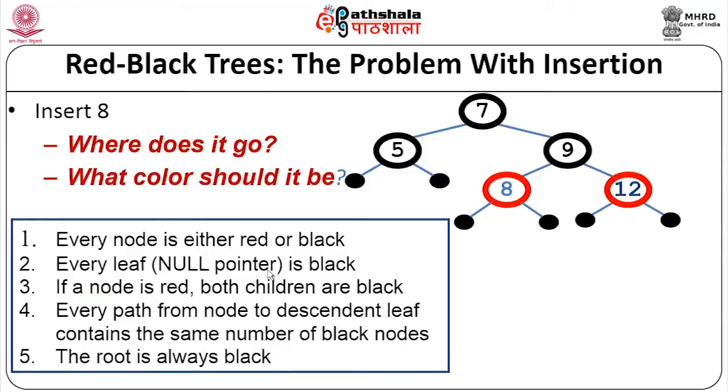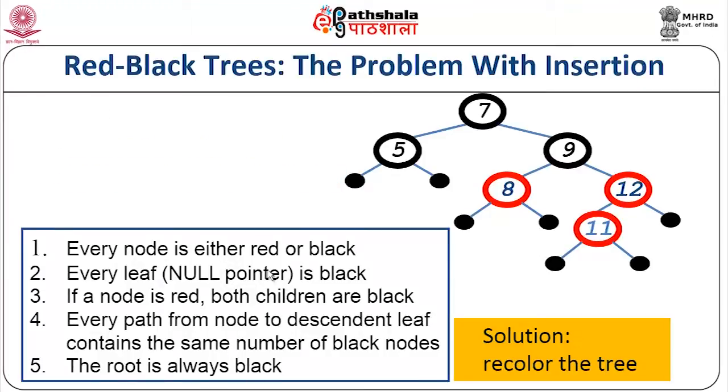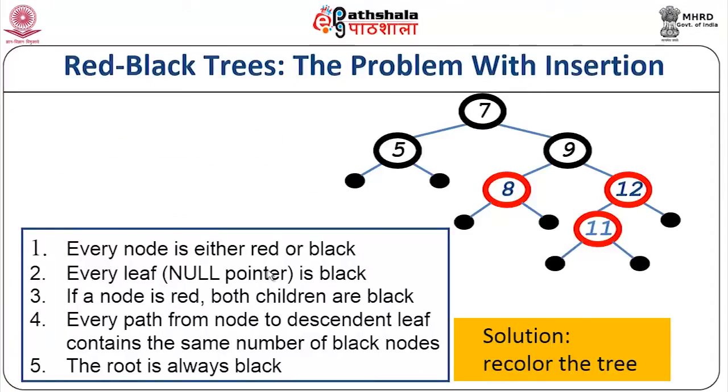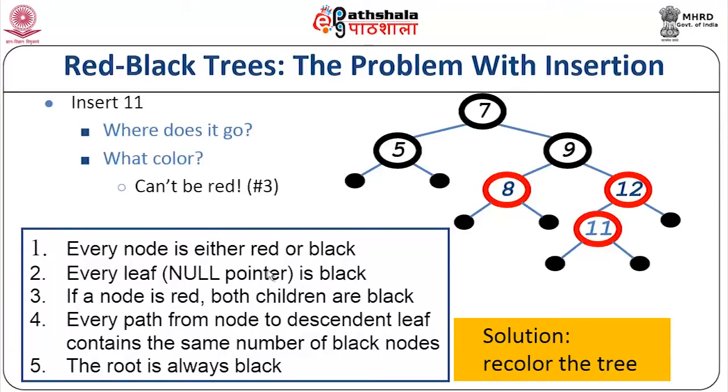Remember, this does not violate the property because its children are black, its parent is also black. So you have to recolor it and put some value. Let us see what to do. Can it be red? Cannot be red as per property 3, cannot be black as per property 4. So, what do we do?